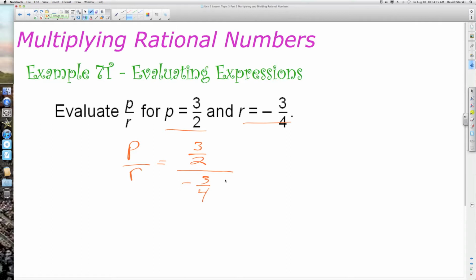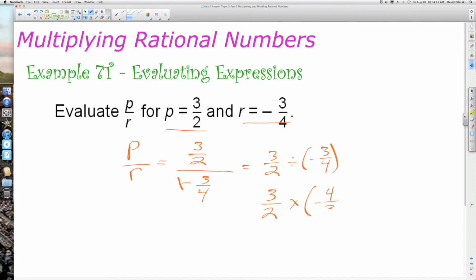And as you can see here, we have one of those compound fractions. And as we just reviewed, to simplify this compound fraction, we're going to rewrite it as 3/2 divided by -3/4. To finish this calculation, instead of dividing by -3/4, we're going to rewrite that as 3/2 times -4/3.